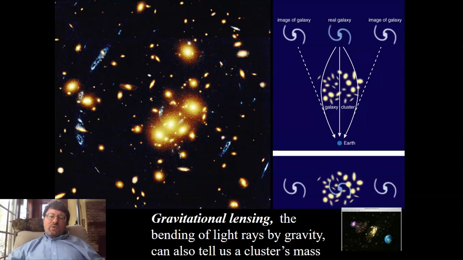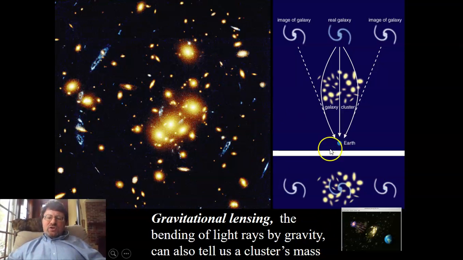Okay, we've talked about a few different techniques for measuring how much dark matter there is, and therefore a few different pieces of evidence for the existence of dark matter. Here's yet another one. It has to do with gravitational lensing. So in gravitational lensing, light passes by a gravitational source, and it bends as a result.